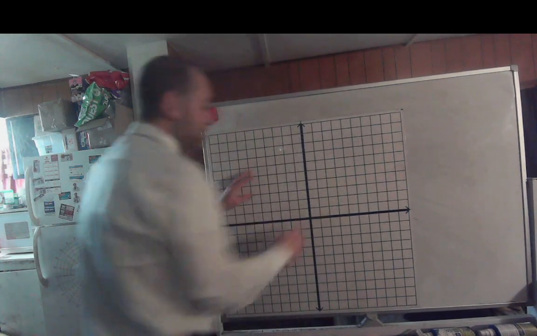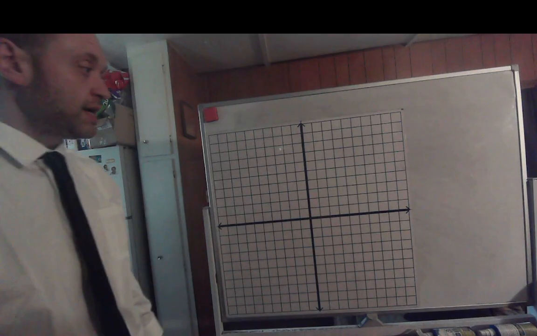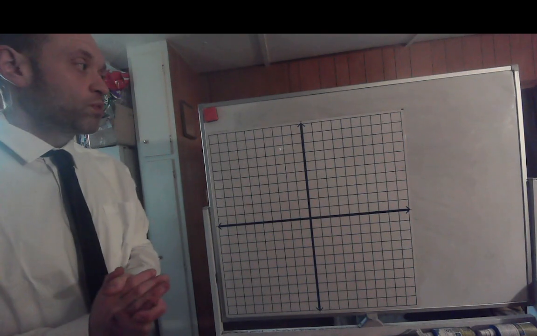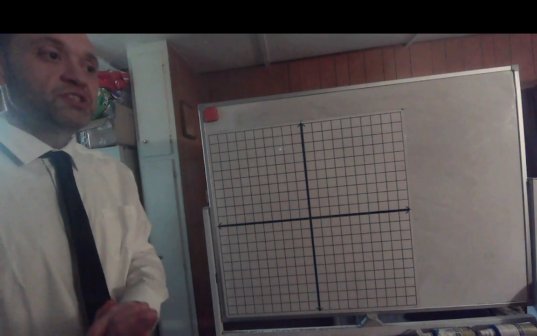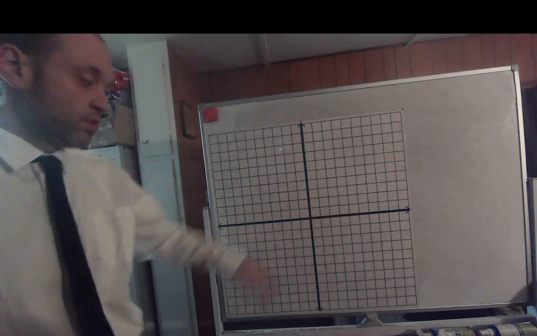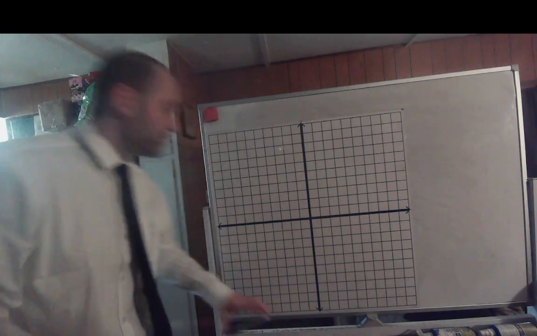All right, so you can also plot numbers in the complex plane. The complex plane works very similarly to your regular XY coordinate plane. The difference is what would normally be your x-axis, this is the real axis.